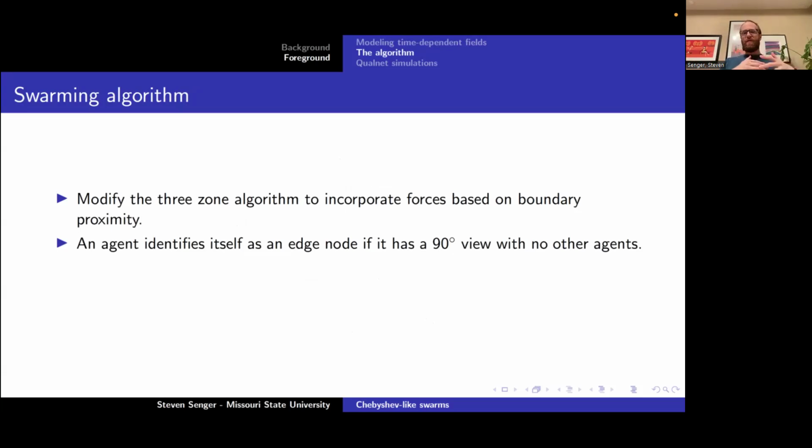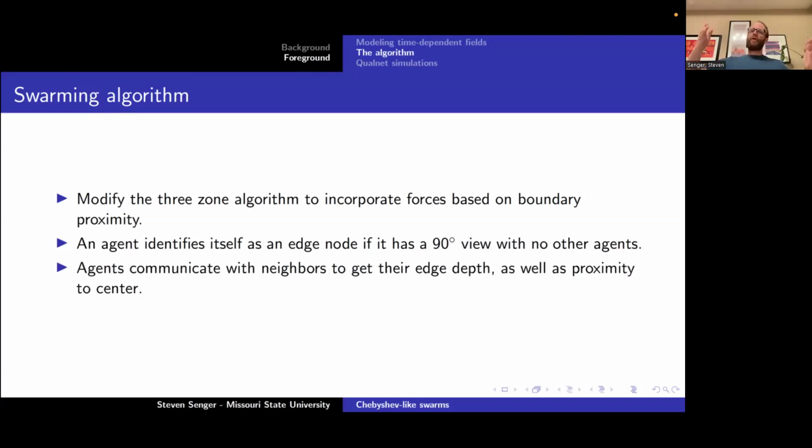Now, if an agent has somewhere a 90-degree field of view, so if it can find a right angle in its field of vision where it sees no other robots, then it's going to say, guess what? I am an edge node. I am on the boundary or close enough to the boundary. So it might not be exactly on the boundary, but it's going to flip a switch in its mind that says, ooh, I'm a boundary member.